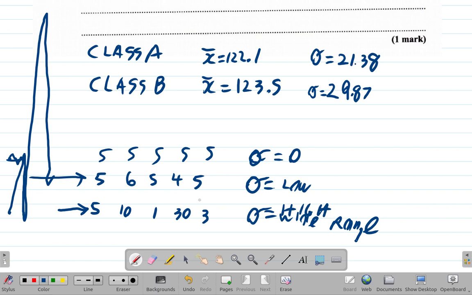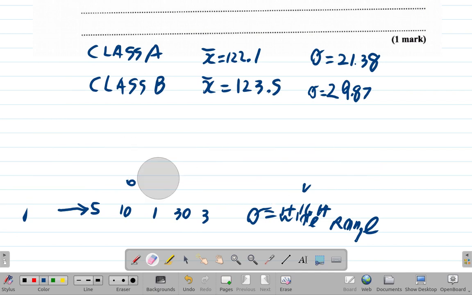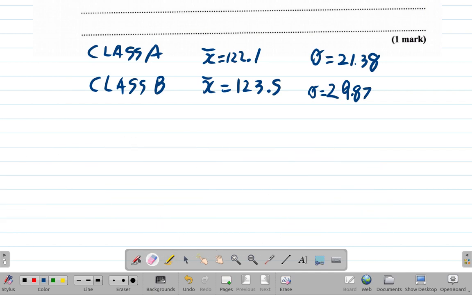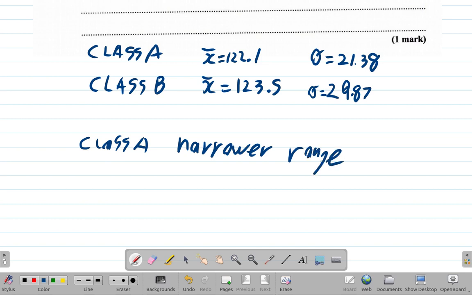All right. So let's go back to this thing now. You would say class A has a narrower range of values, right?